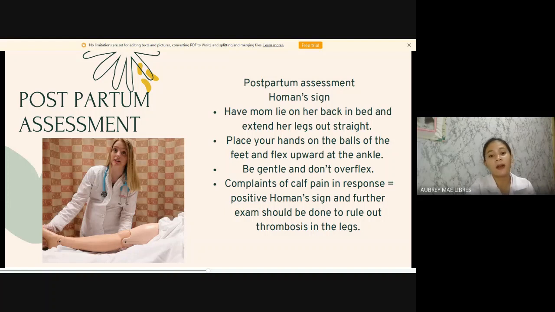Complaints of calf pain in response indicate a positive Homans sign and further exam should be done to rule out thrombosis in the legs. The knee is also flexed at a 90-degree angle. The nurse manipulates the foot in a dorsiflexion movement. If pain is felt in the calf, the Homans sign is said to be positive.